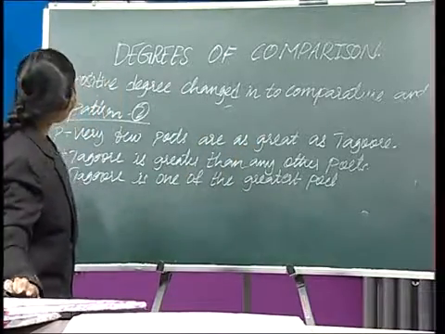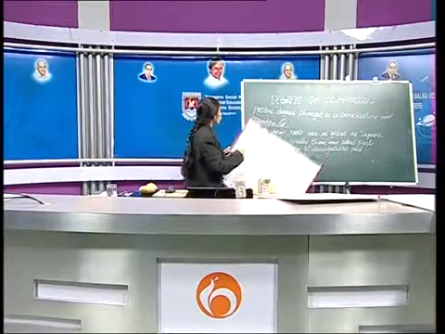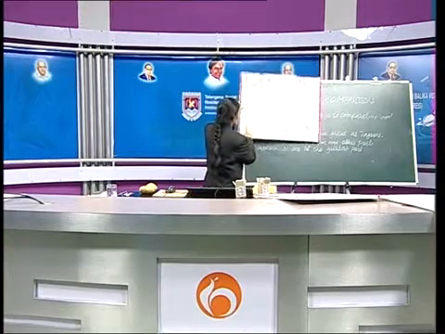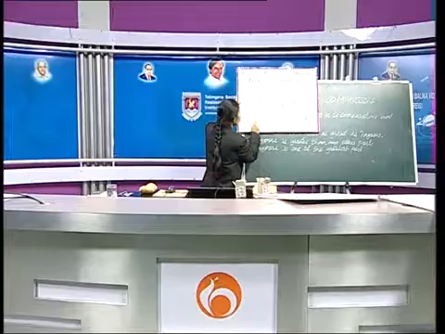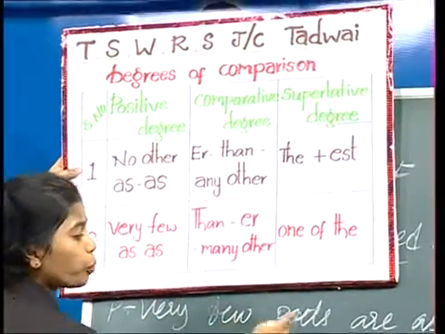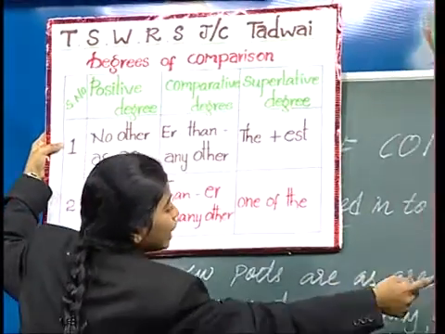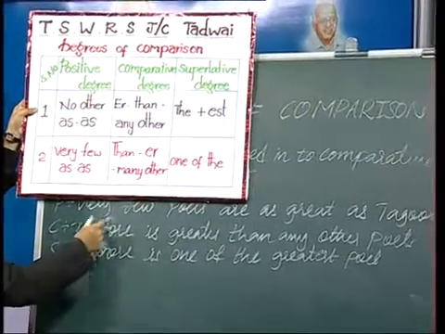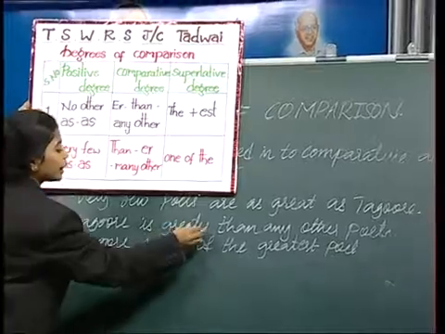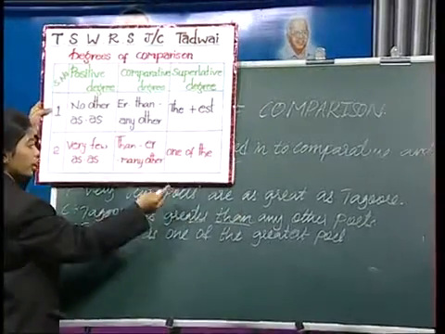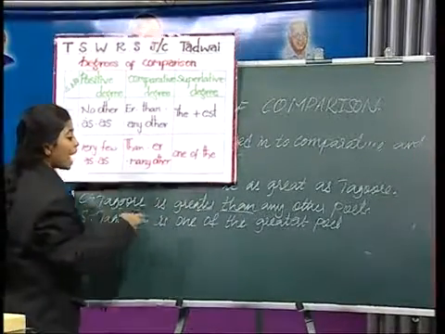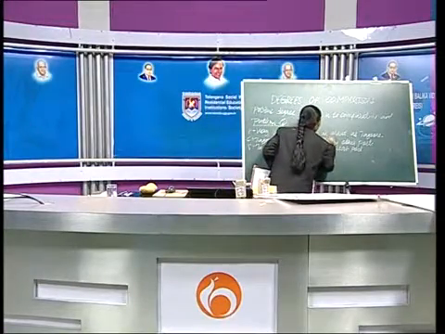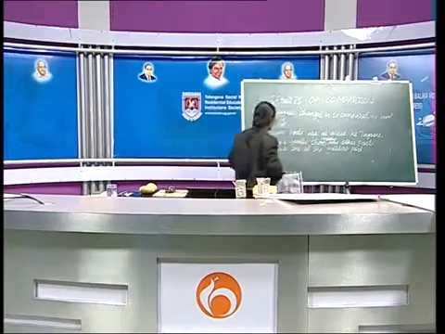Friends, let us see here in the positive form of the second pattern we used "very few" and "as". Very few poets are as great as Tagore. In the comparative, Tagore is greater than, and "than" and "many other" are added to the comparative form of the adjective.